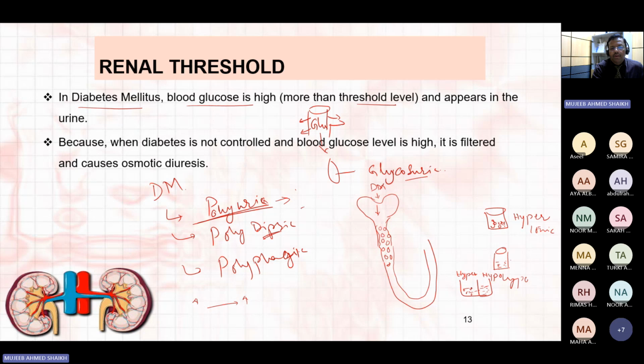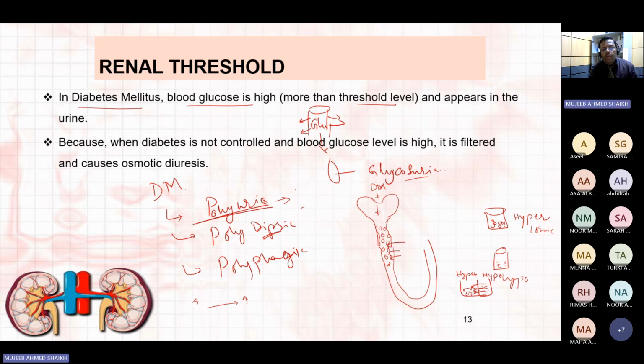Here it is hypertonic solution, more glucose. Here it is hypotonic solution, less glucose. So water will move from hypo to hyper, that means from here to here.